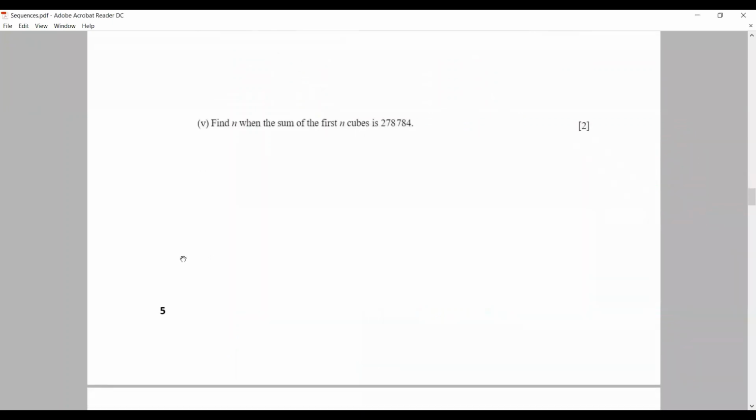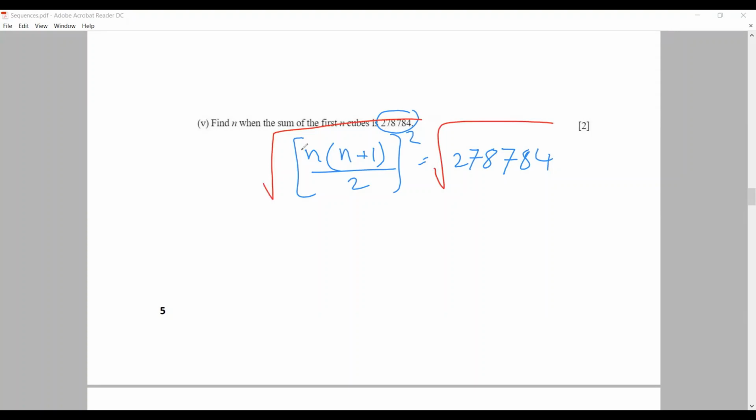Find n when the sum of the first n cubes is 278,784. So it means n multiplied by n plus 1 divided by 2, when this thing is raised to the power of 2, gives us 278,784. I'm going to take the square root of both sides because the goal is to find n.